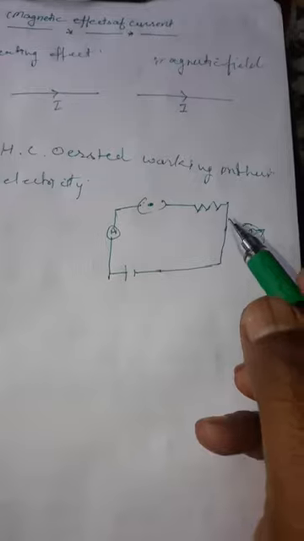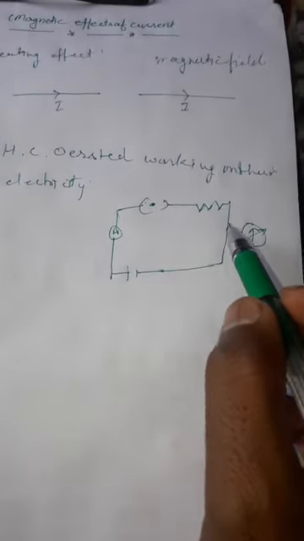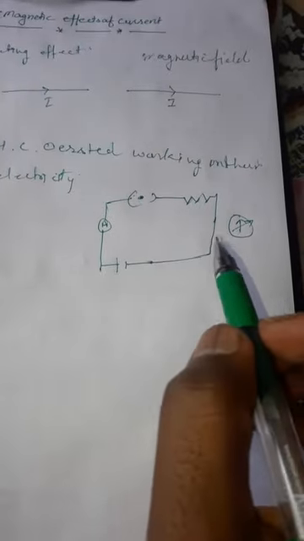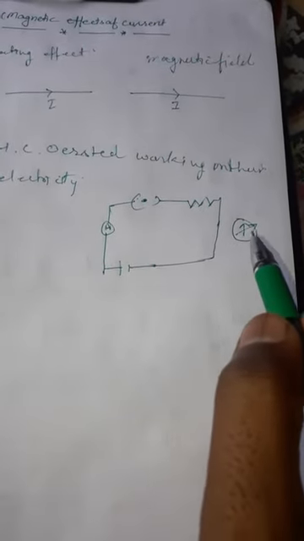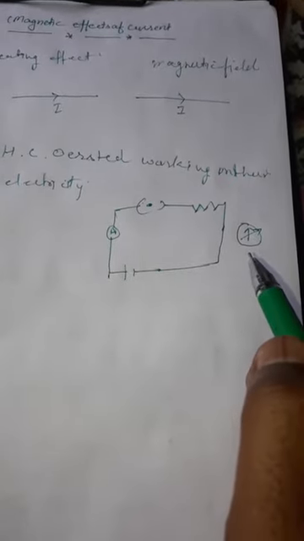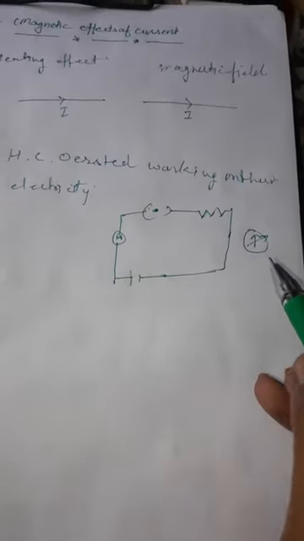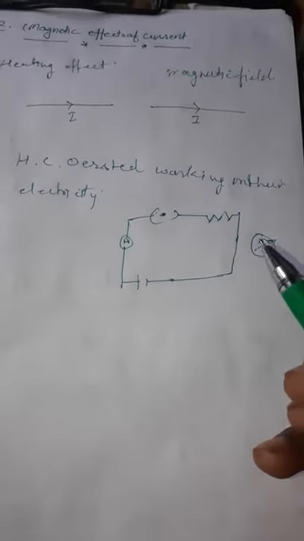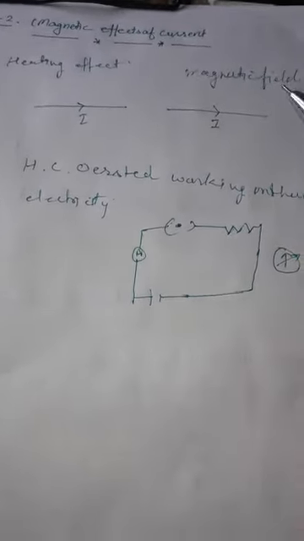So he concluded that due to the flow of current, a magnetic field is produced around the wire, which forces the deflection of the needle. In this way, Oersted discovered the magnetic effect of current.